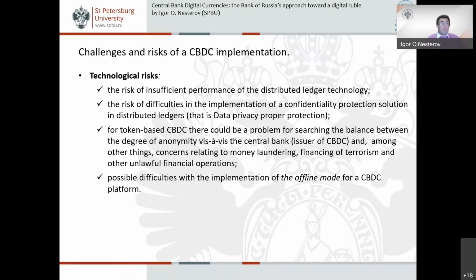And there is a risk and possible difficulties with the implementation of the offline mode for a CBDC, because most central banks have declared that central bank digital currencies all have to operate both in online and offline modes. So with offline modes, it's quite difficult at the current stage of technology.